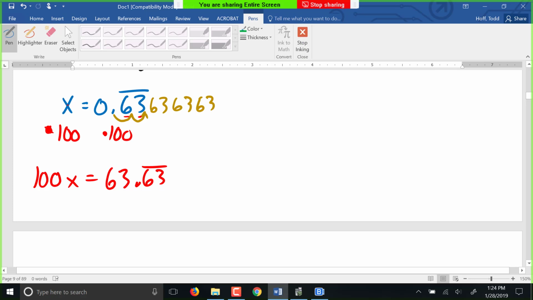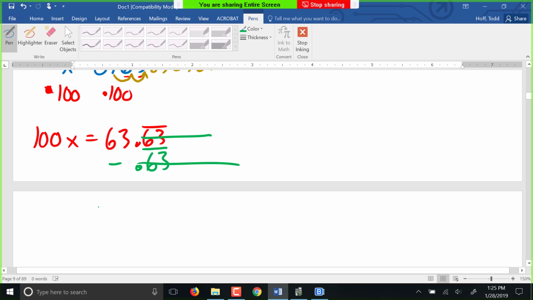Any questions so far? Okay. Now what I'm going to do is subtract something from each side. I am going to subtract the 0.63 repeating. That's going to cancel out the 0.636363. So it's gone. All that's going to be left on the right side is 63.